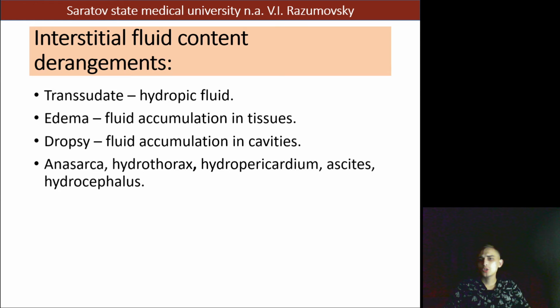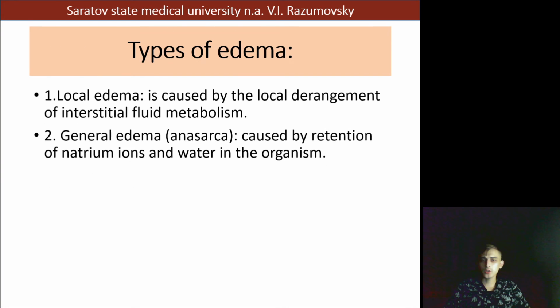Types of edema. Edema may be local and general. Local type of edema is caused by local derangement of interstitial fluid metabolism. Most often it may be associated with derangement of blood flow, for example, thrombosis.